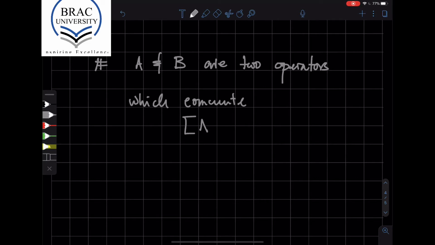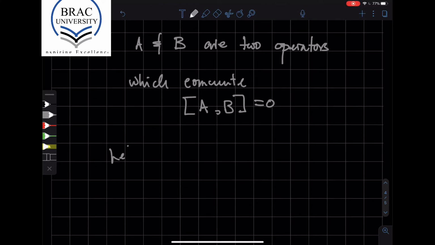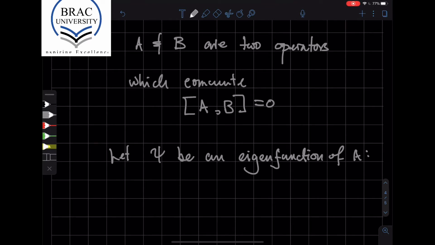So this means A commutes with B. Then let psi be an eigenfunction of A, meaning that A acting on psi gives me some number small a times psi.